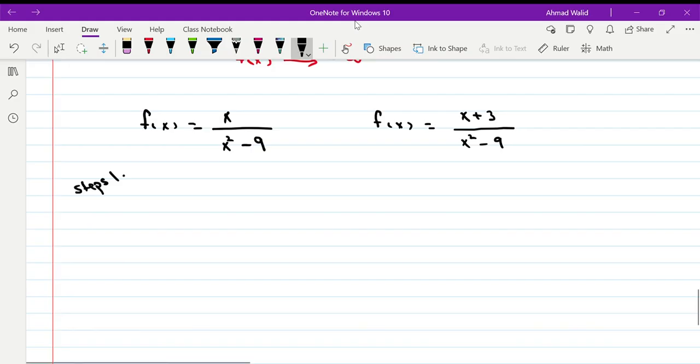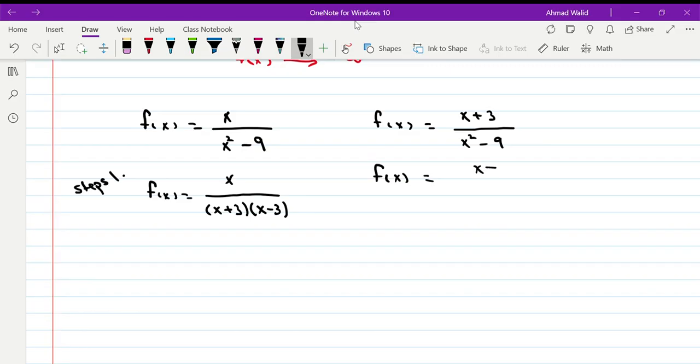For the first example, I can write f of x equals x over, if I factor x squared minus 9, it's the difference of squares. It gives me x plus 3 times x minus 3, right? I'll do both examples together. In this example, f of x equals x plus 3 over x plus 3 times x minus 3.